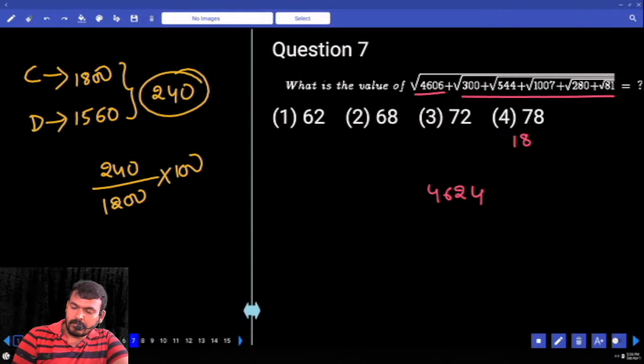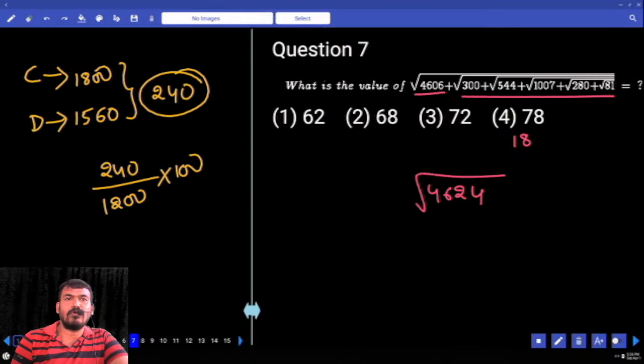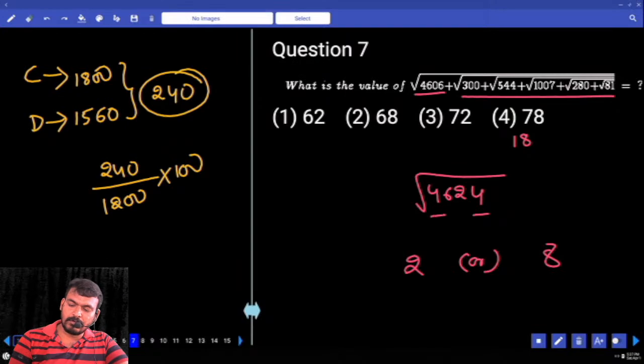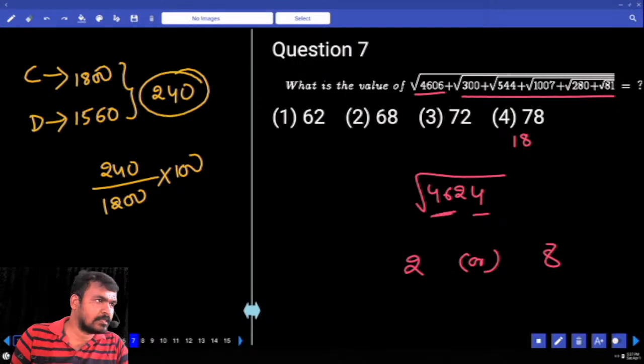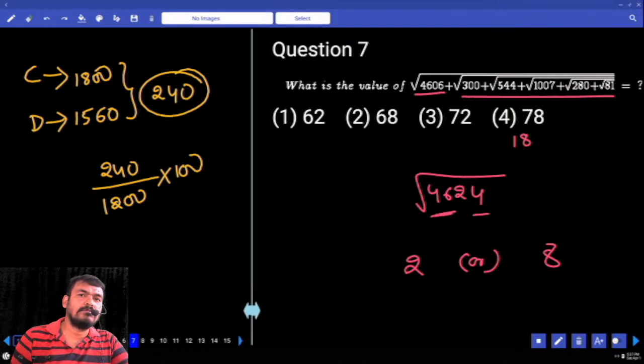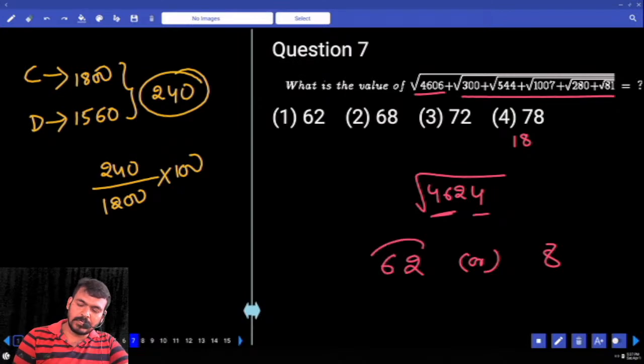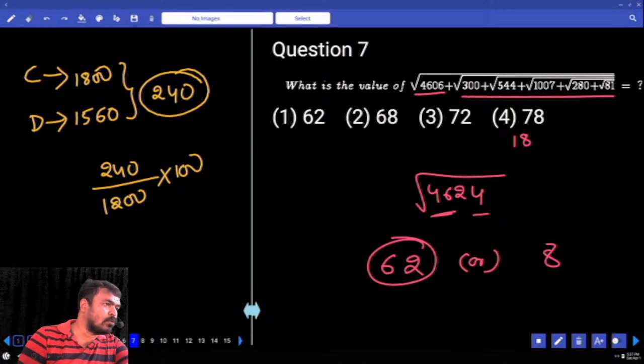4624. Square root of 4624. It is more than 60 but less than 65. End with 4 means possibility either 2 or 8. What are the first two digits? 46. 6 7s are how much? 42. 6 8s are 48. It is more than 42 but less than 48. Means possibility 62 or 68? 62.